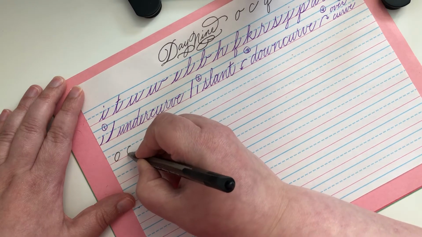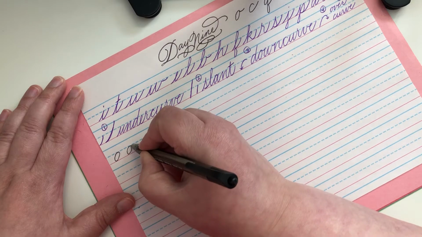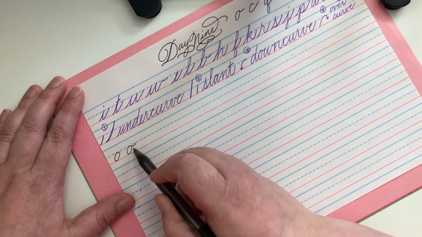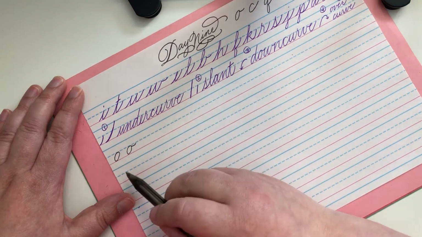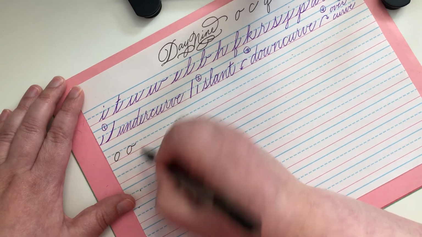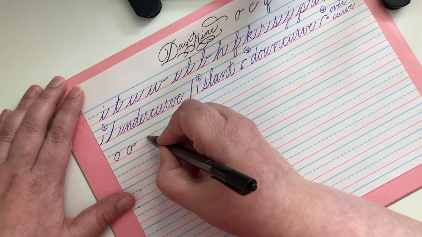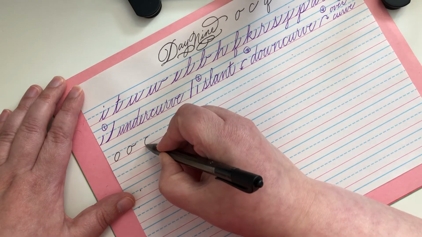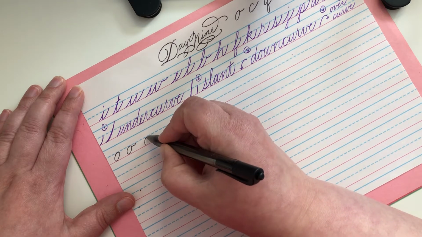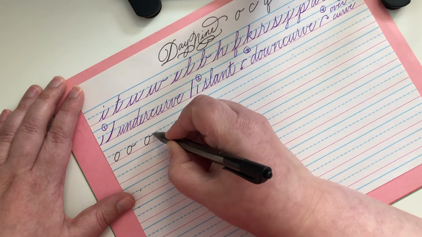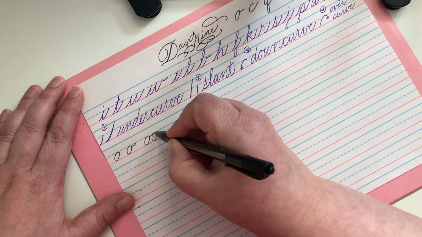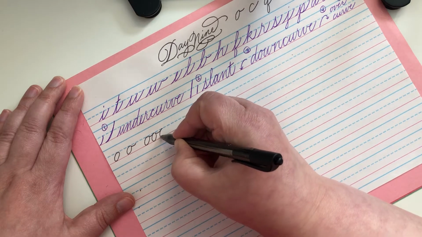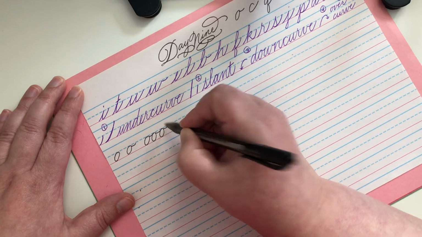A down curve and an undercurve, and then a check stroke, just like the W and the B. So let's do 3 O's. Down curve, remember it's called a down curve because we're starting at the top and going down. Undercurve, check stroke. Down curve, undercurve, check stroke. Down curve, undercurve, check stroke.